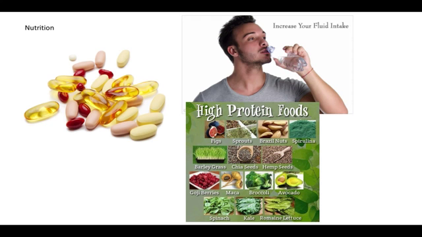Other things we want to do for these patients nutritionally is increase protein in their diet. We would love them to take vitamins B, C, and D, calcium, phosphorus, and magnesium, because this will all ensure optimal soft tissue and bone healing. Increase fiber and increase fluids to prevent constipation.